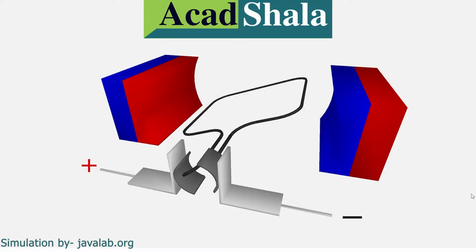The electric motor works on the principle of the force experienced by a current carrying conductor in the form of a coil of wire when placed between the two poles of a magnetic field, as you're seeing on the screen, children. The direction of the force is given by Fleming's left hand rule.